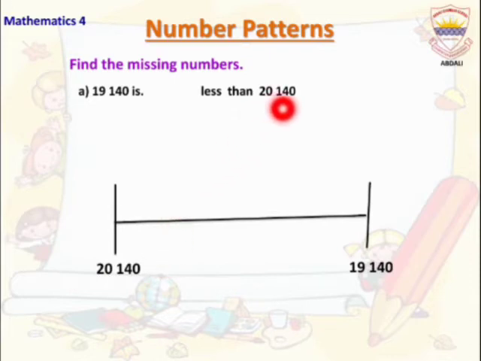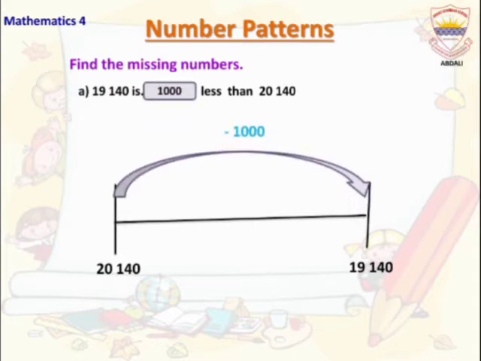Our number line starts with 20,140, and we write 20,140 at the left side and we write 19,140 at the right side. Tell me, students, what do we subtract from 20,140?